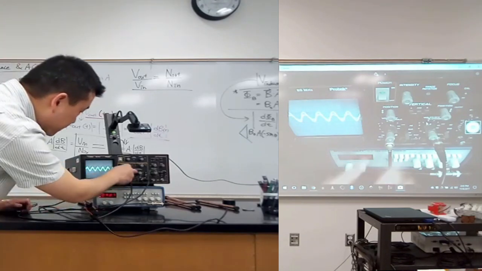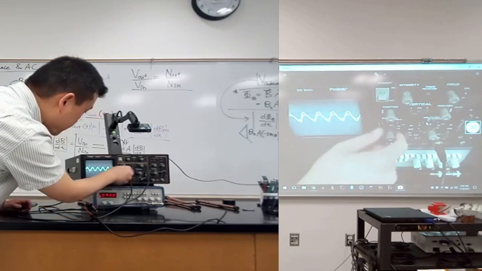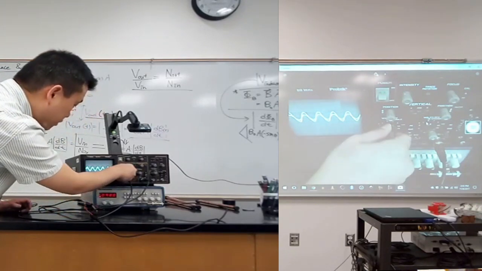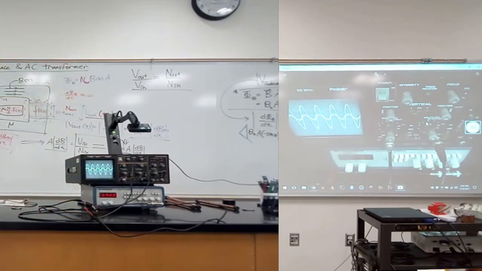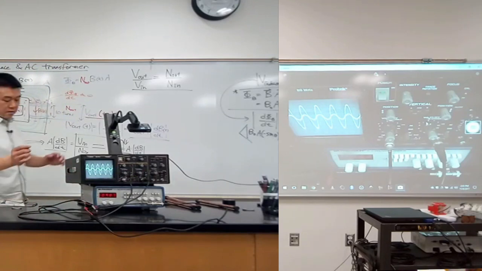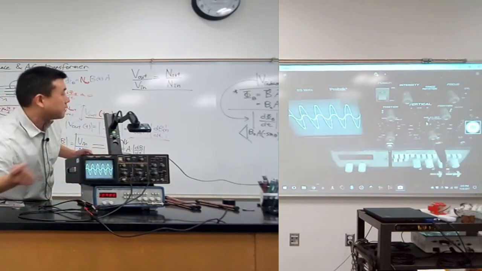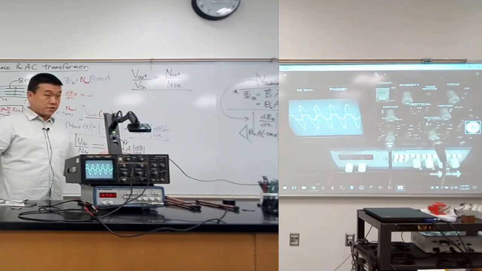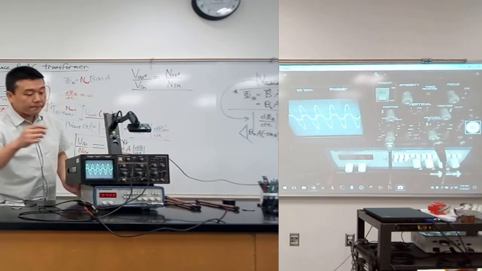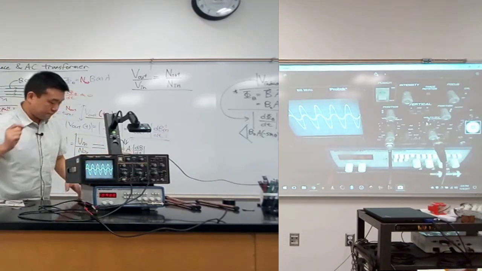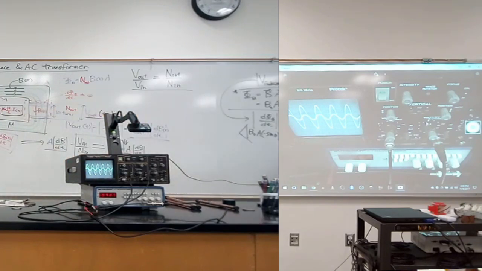Okay, let me make sure the settings are correct. This is 0.5 volts. Let me change to 0.2. When you look at the setting knob for the voltage here, they are both 0.2 volts per division. So when you read the voltage for channel A, it's 1, 2, 3, 4, 5 divisions, so 1 volt peak to peak.